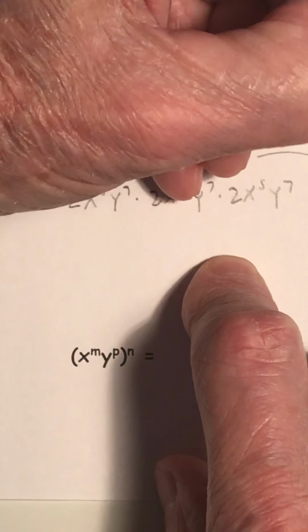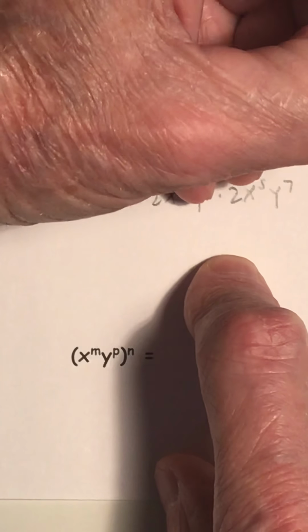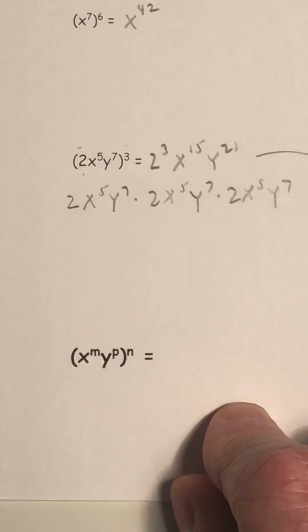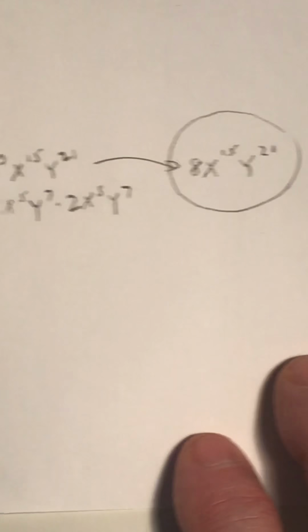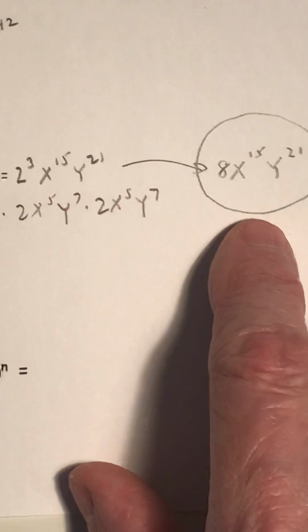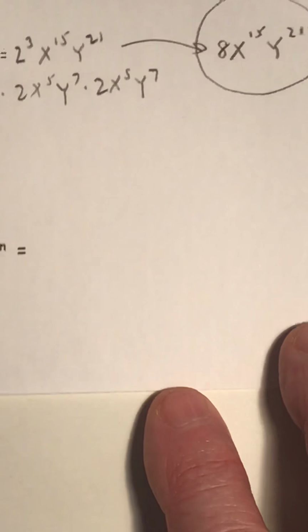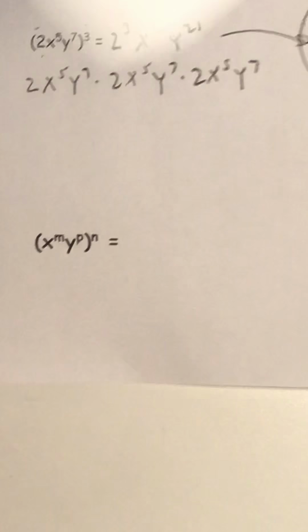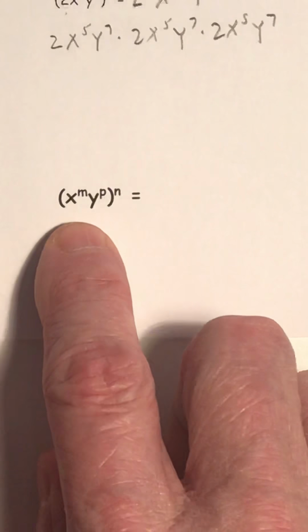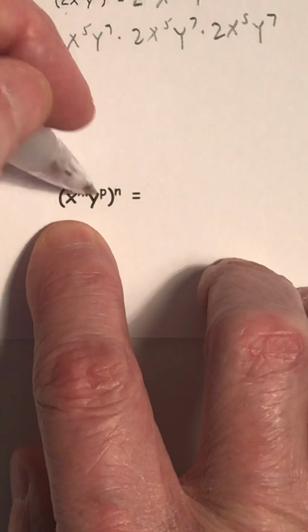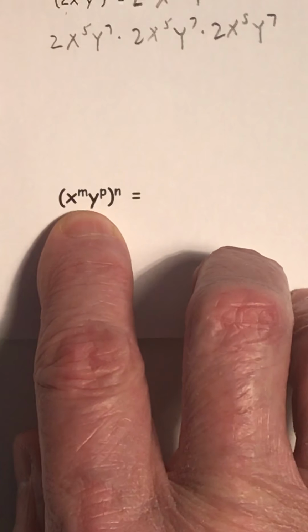So this is 8x to the 15, y to the 21. Oh, I'm sorry, I went off camera, didn't you? 2 to the 3rd, 8, x to the 15th, y to the 21. So this little property down here, if you've got more than one variable, just take it easy, as long as it's multiplying in the middle.